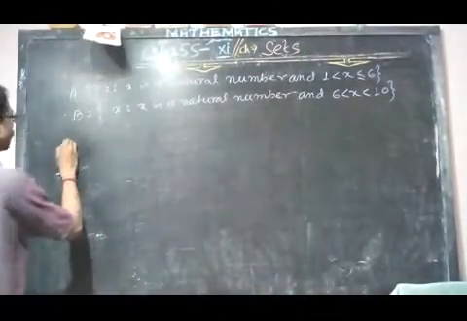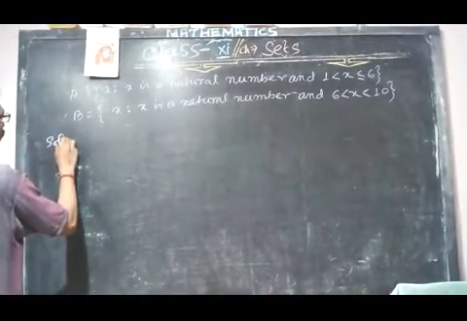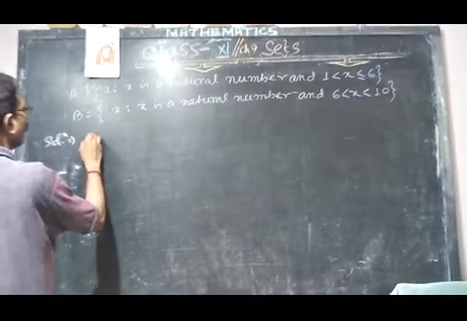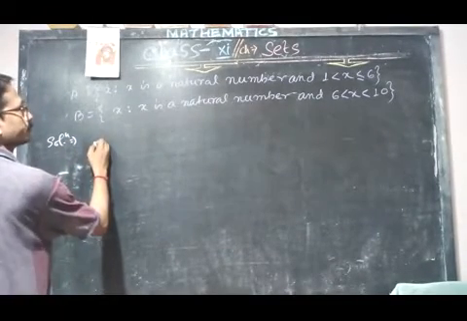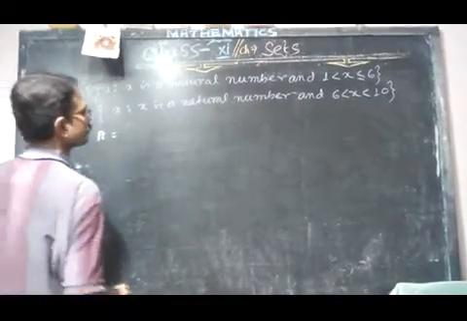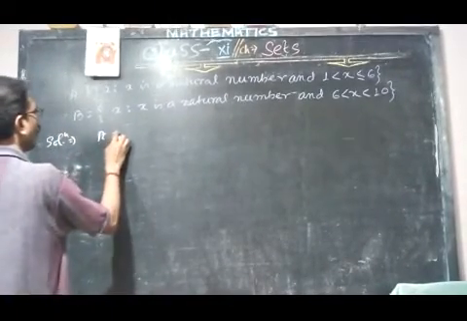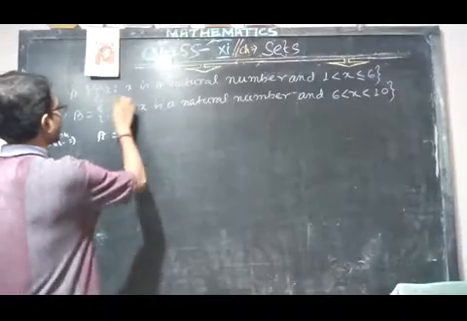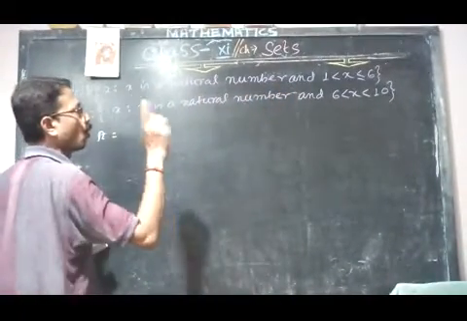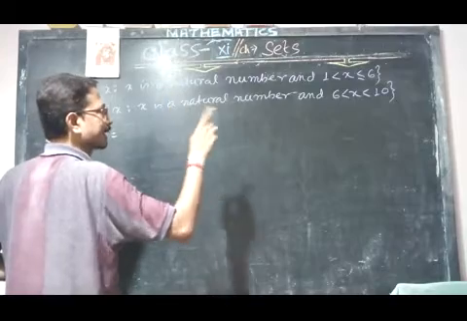Here A equals x such that x is a natural number and 1 less than x less than or equal to 6.